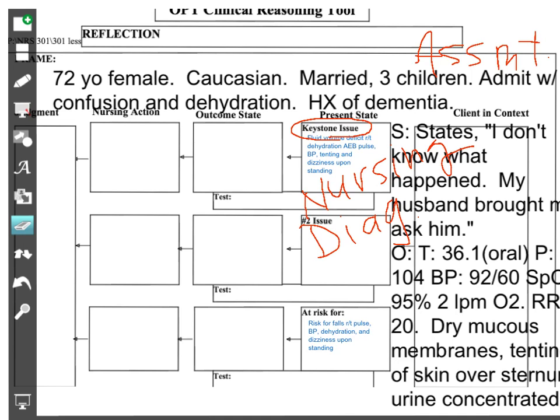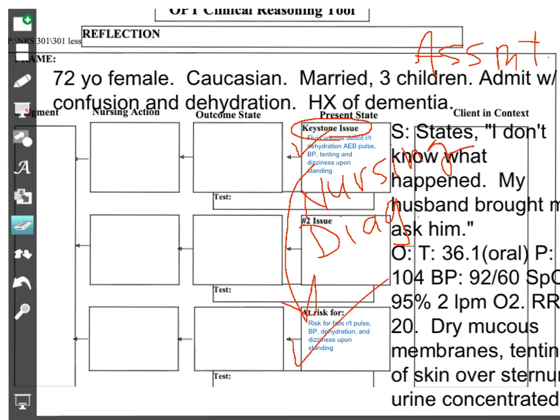So imagine this. If we were to fix her fluid volume deficit and resolve that, and take care and improve her pulse and improve her blood pressure and get rid of her tenting and cause normal skin turgor, and also while we're doing all that, we're resolving her dizziness, would that also then resolve her risk for falls?